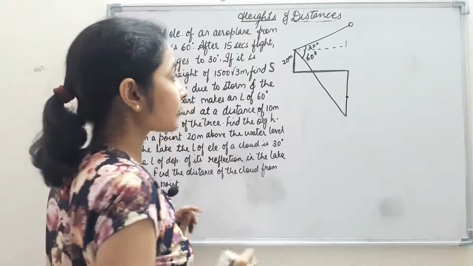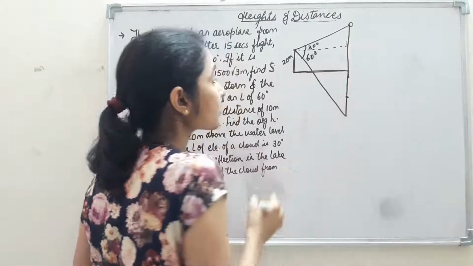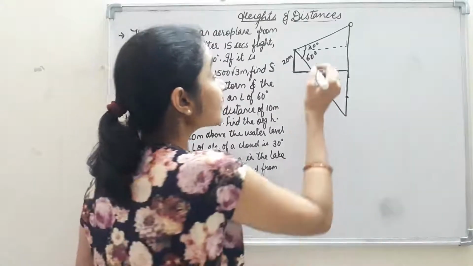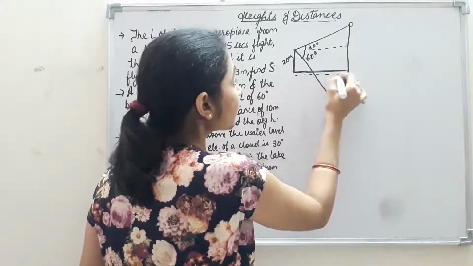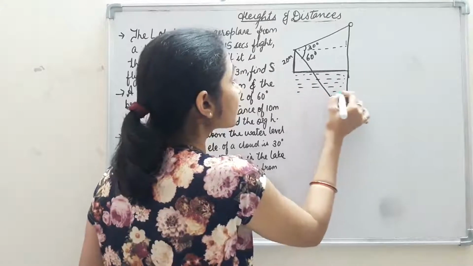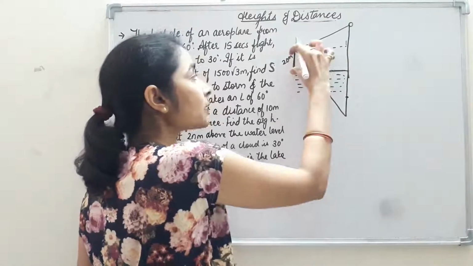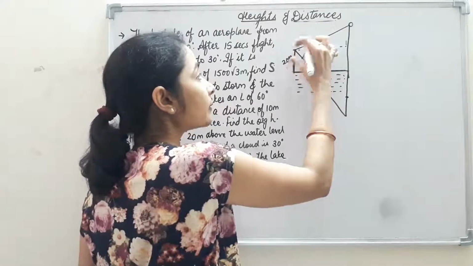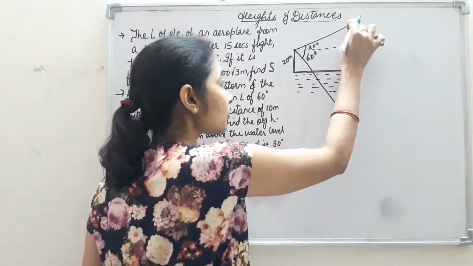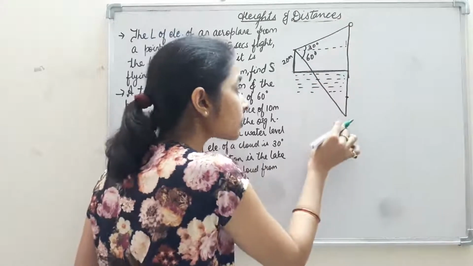Now hope that is clear to you, what are the distances that we are looking at here. This is the lake, from here the lake is starting. We are standing here, which is 20 meters above the lake. From here we observe the angle of elevation of the cloud, that is 30 degrees, and then we saw its reflection also in the lake.